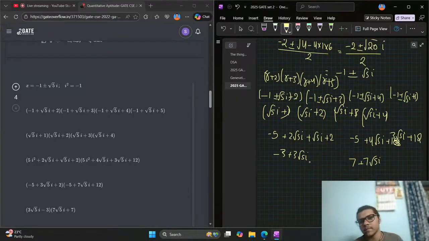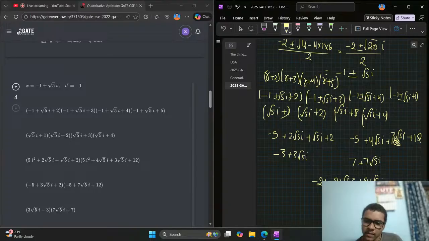So this one minus 21 and minus 21 root 5i and plus 21 root 5i, plus 20.